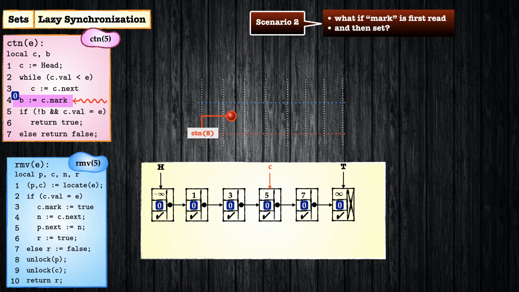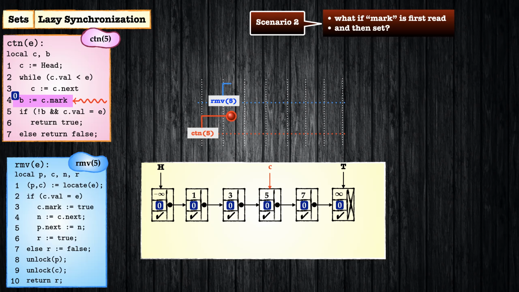Now the blue thread will become active, and it will change the value of C mark from the point of view of the red thread, because it's deleting. It's going to delete the node with value 5, which means that it will logically delete it. So the blue thread is active and trying to remove 5.